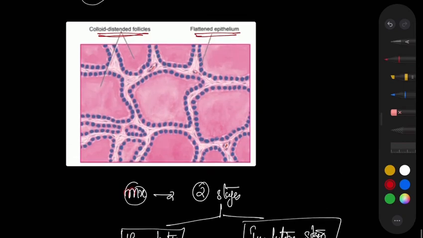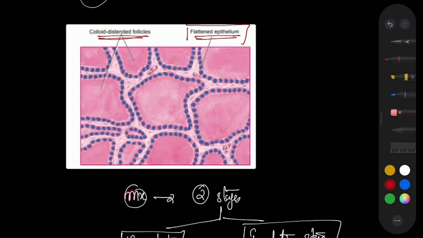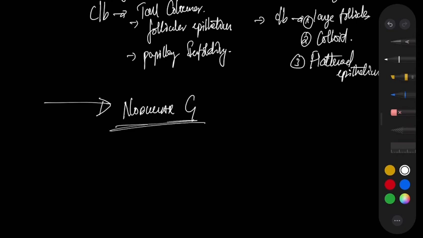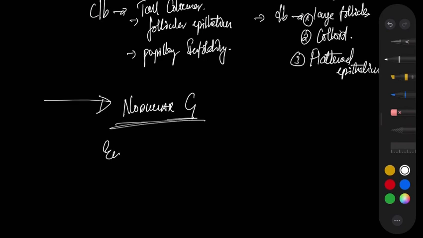That's what we were seeing here: flattened epithelium and colloid distended follicles. Now coming to the nodular goiter. Nodular goiter is usually a complication of your simple or diffuse goiter. As we saw in the pathogenesis, this is usually the end stage of a long-standing simple goiter.